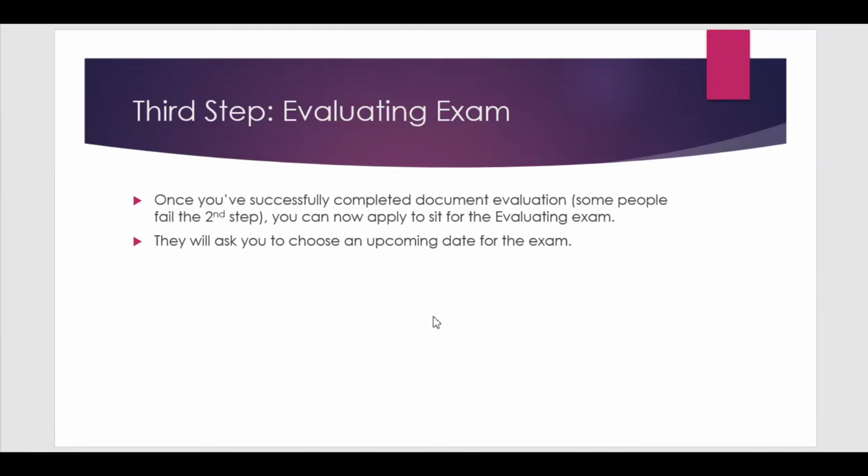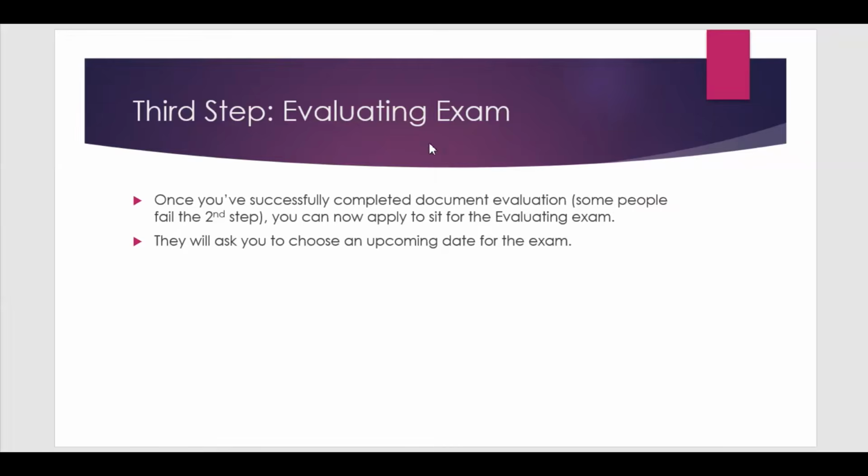So that was one of the reasons. And some other schools were not accredited in Canada. So just do whatever they want, be optimistic, and hopefully you will get that step done successfully, and then you can sit for the evaluating exam.